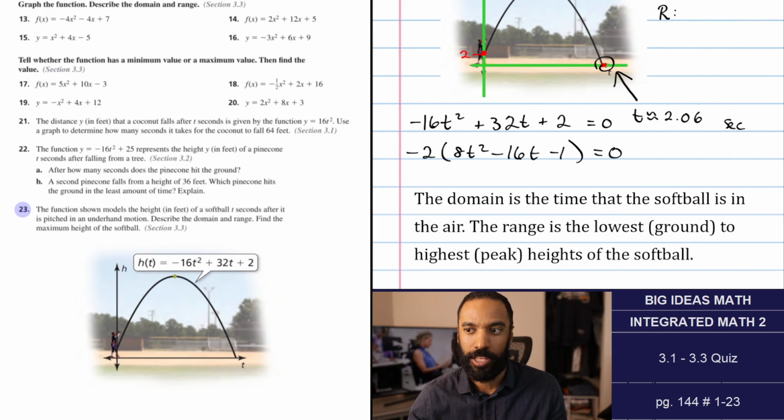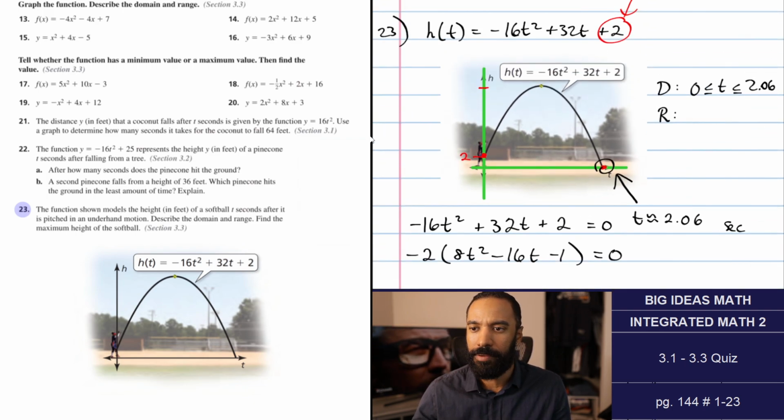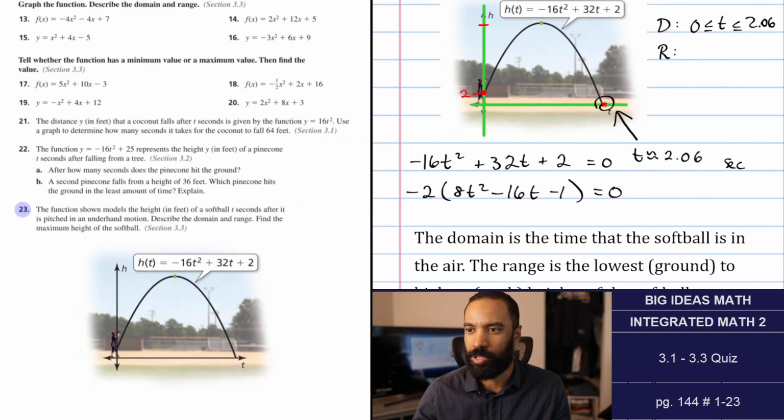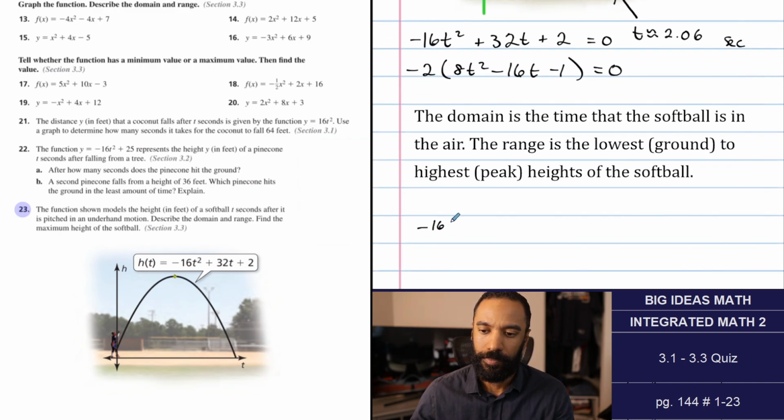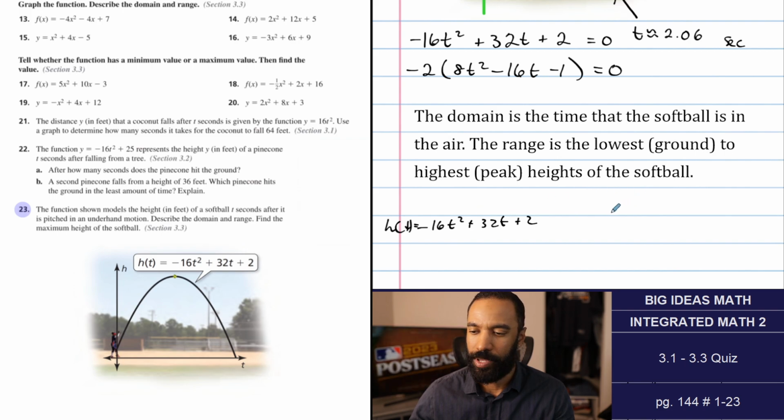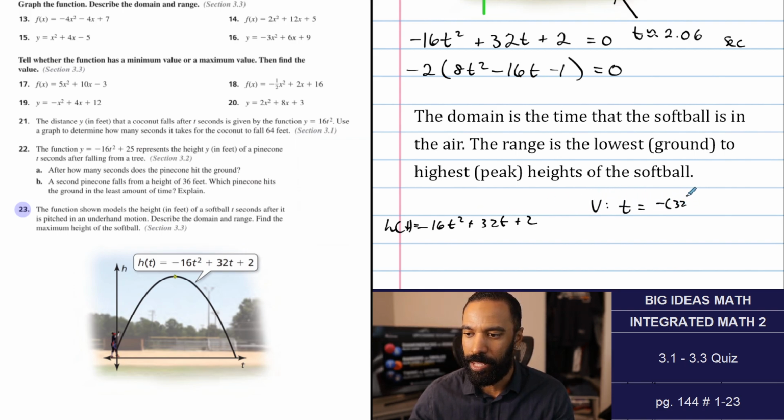What's the maximum height? That's another part that they asked. So for the maximum height, we're going to take negative 16t squared plus 32t plus 2, and let's do our negative b over 2a stuff. So for the vertex, the t value is negative b over 2a, which is negative 32 over negative 32, which is 1.